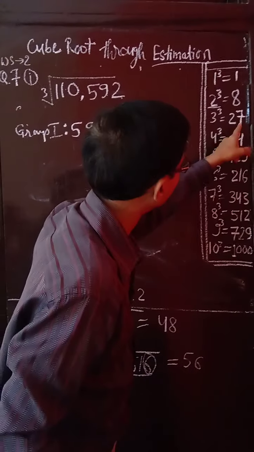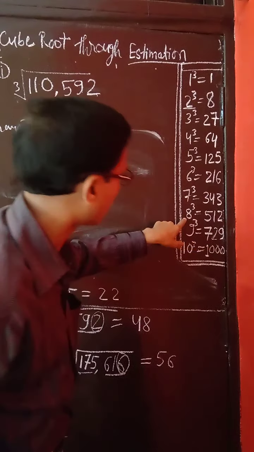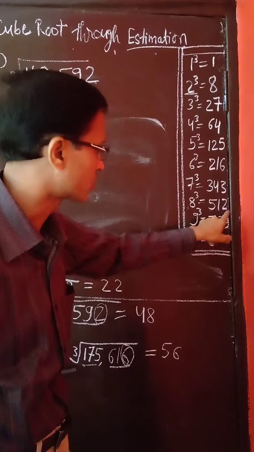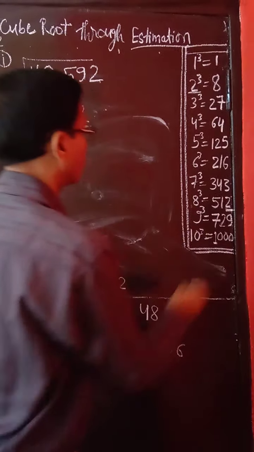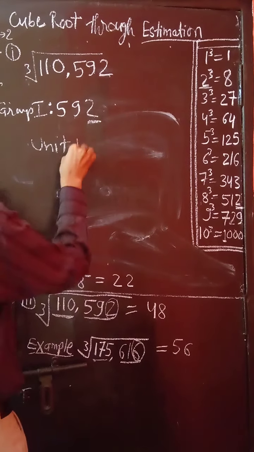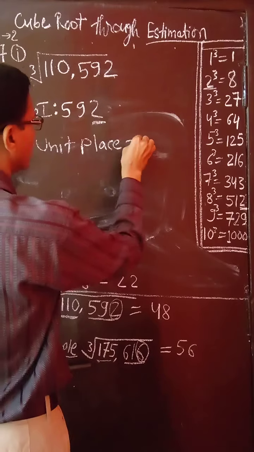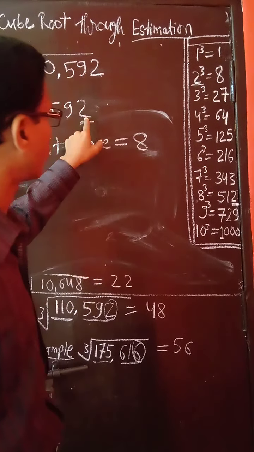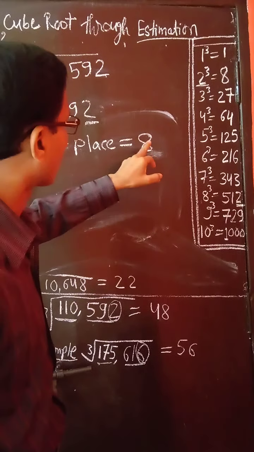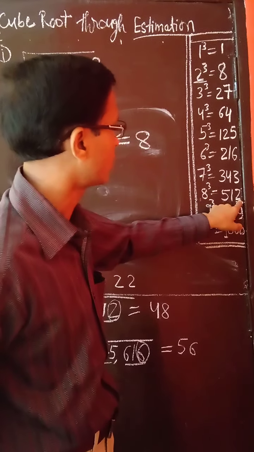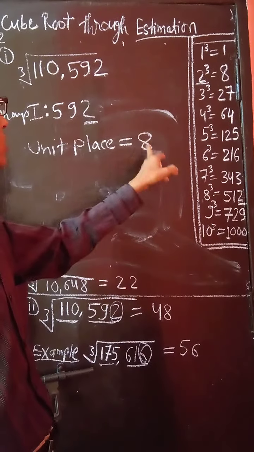We can see this 2 is here: 8 cube is 512, and 2 is coming here. So what is our first answer? The unit place of our answer will be 8, because when the cube of 8 is 512, then this 2 is coming. So the unit place is 8.